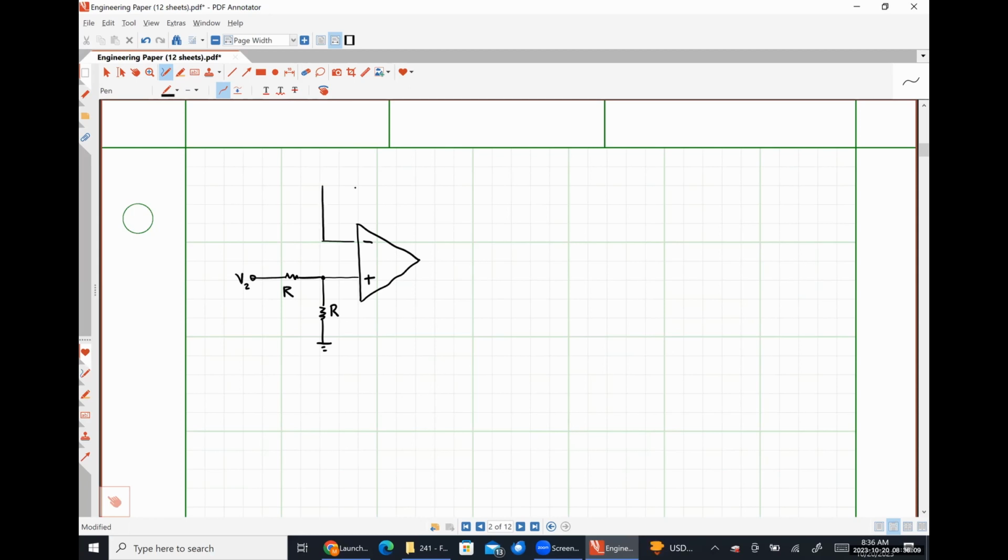I have my feedback resistance, which is also going to be just R. Here's where my output voltage is measured. And then I'm going to have a fourth resistance R, where all of these resistors are matched to have the same value. And this is going to be my input signal V1.